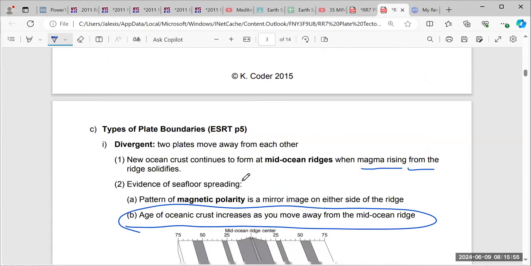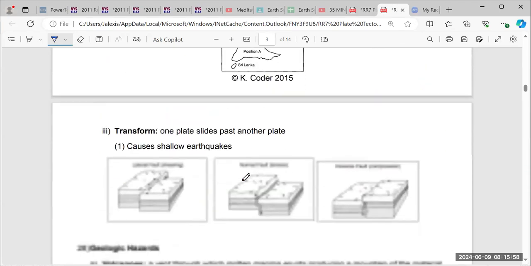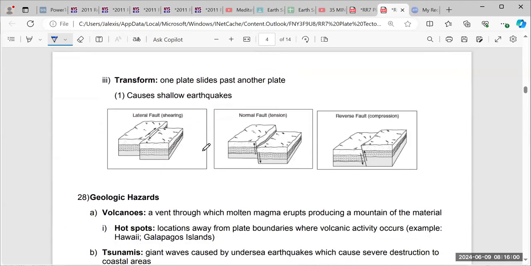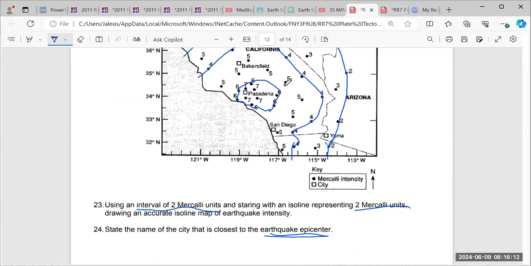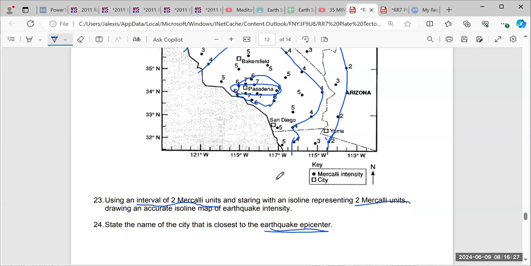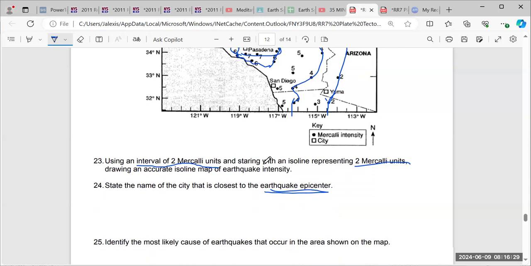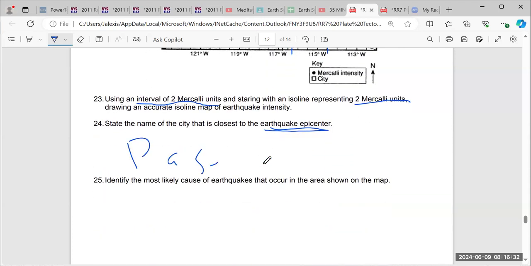We also know that the epicenter would be on a fault, so there are two ways you could have found this. I'm going to show you the best way. Since the damage is more intense where I see 7, the city right here, Pasadena, is going to be your answer. The box represents a city where the damage is highest, so Pasadena is correct.